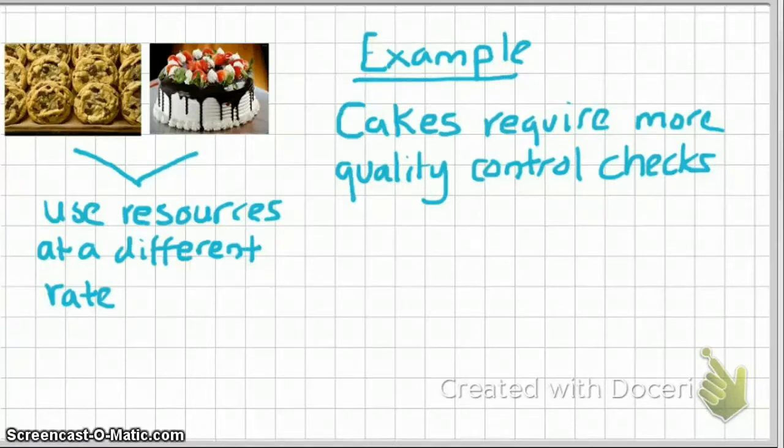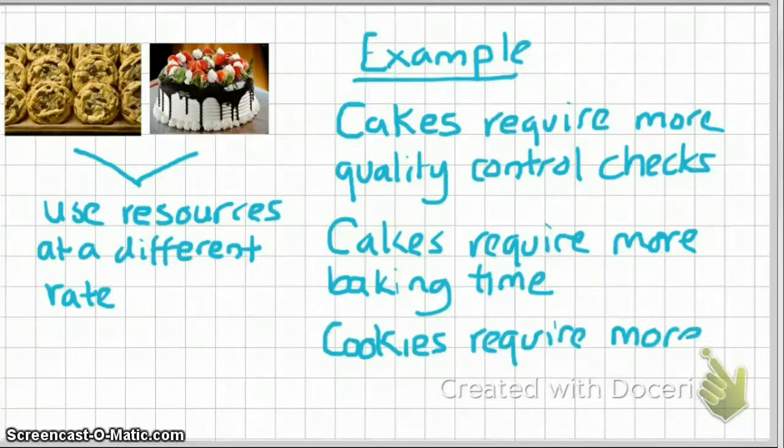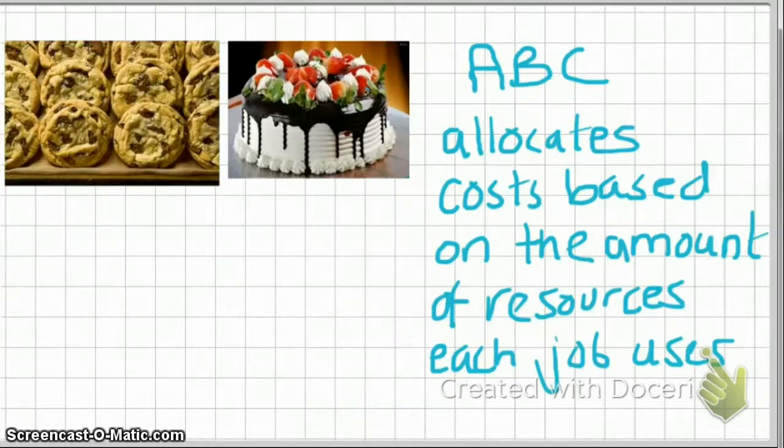If they're not burnt, they're good to go. Cakes may require more baking time than cookies. So in this case also, cakes and cookies use up different resources at a different rate. Cookies may use up more space than cakes, so again, we're looking at different resources being used at different rates.